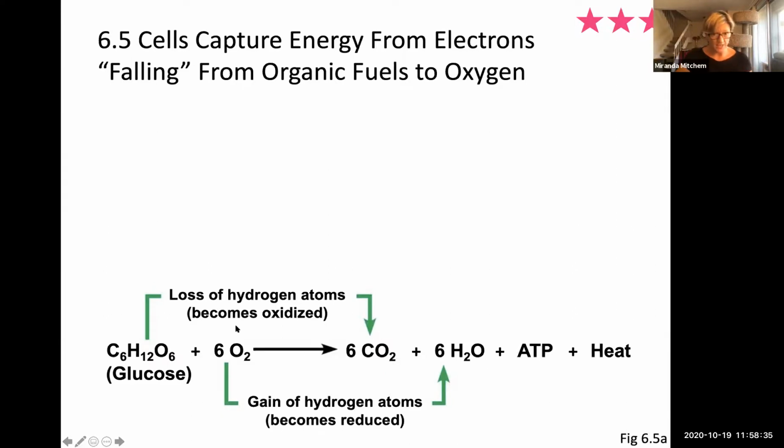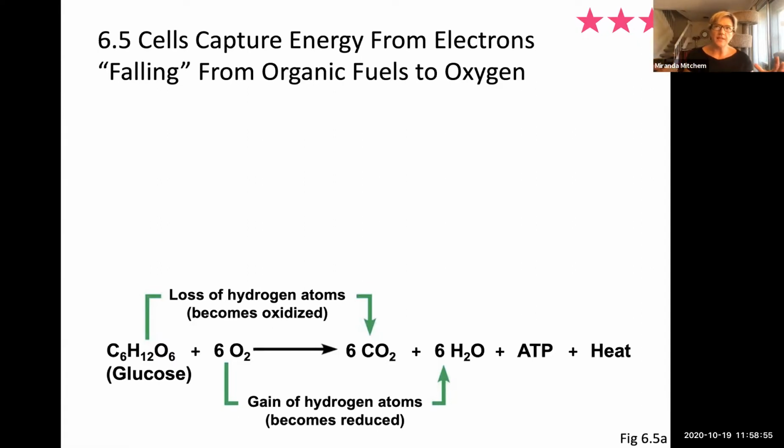The reduction is with the molecular oxygen. Molecular oxygen gains electrons that came off of glucose. When that happens, it becomes water. And of course, we're generating energy, and there is a release of heat.